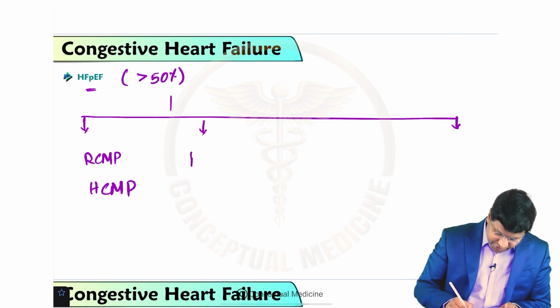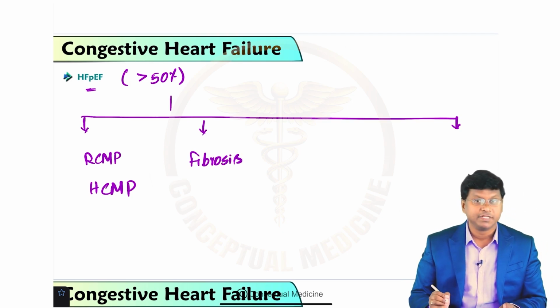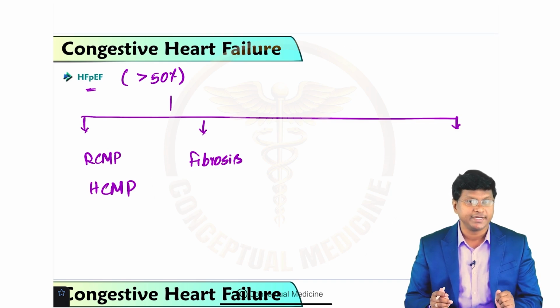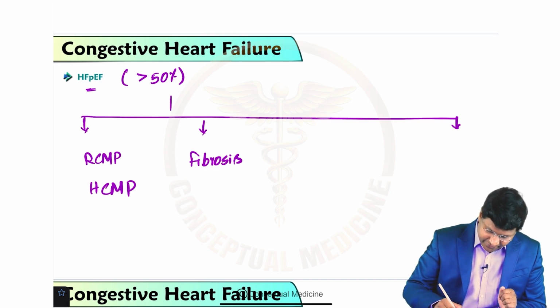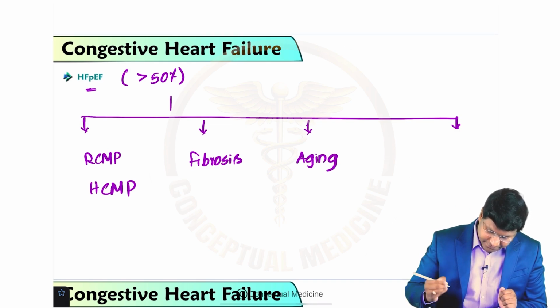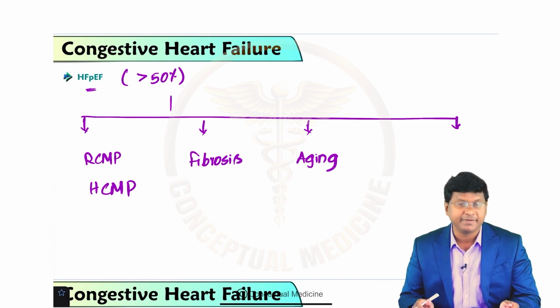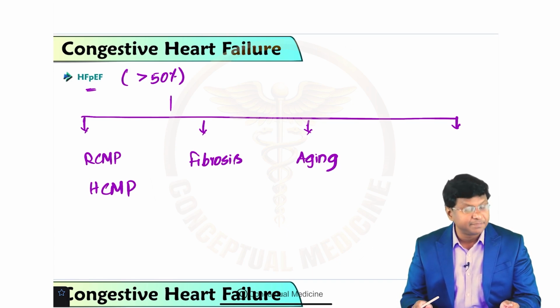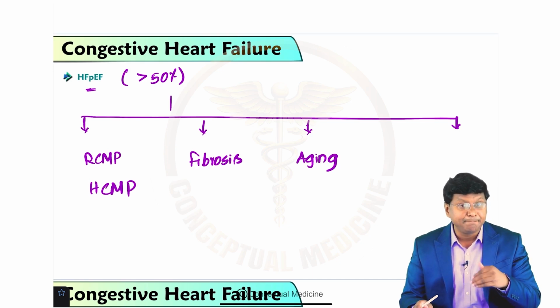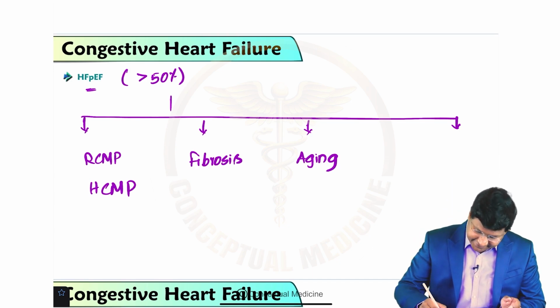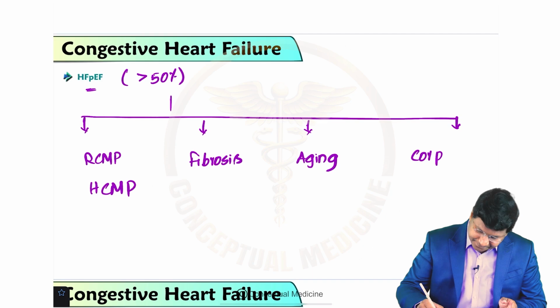And the other etiologies include fibrosis of the myocardium and endomyocardial disorders. Then even with aging, there will be development of heart failure with preserved ejection fraction, and pulmonary heart diseases like cor pulmonale.